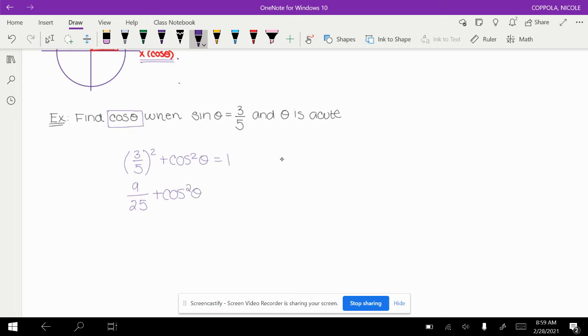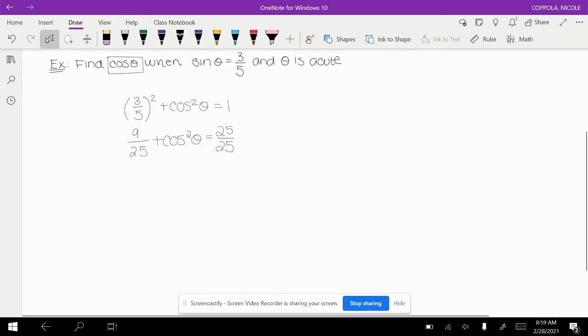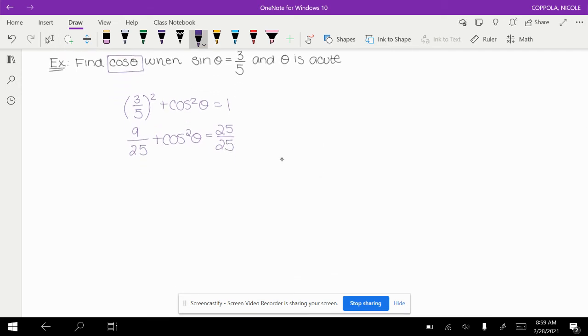And I'm going to write a smart version of 1 here. I'm going to write 25/25. Reason being is because I know I'm going to have to subtract that 9 over to the other side. So cosine squared theta, 25/25 minus 9/25 is 16/25. Last but not least, I need to square root both sides.